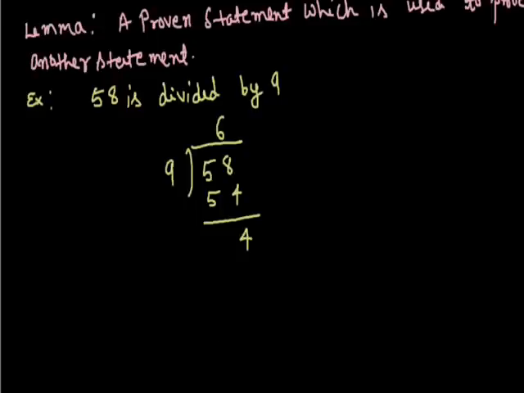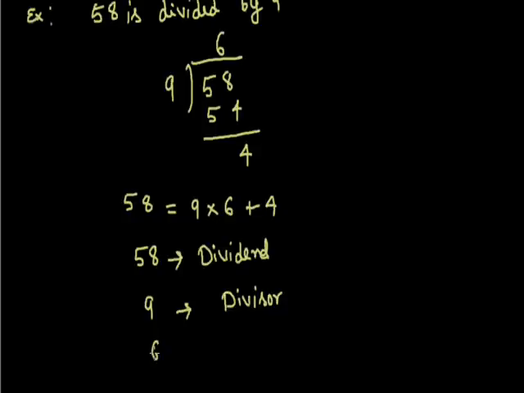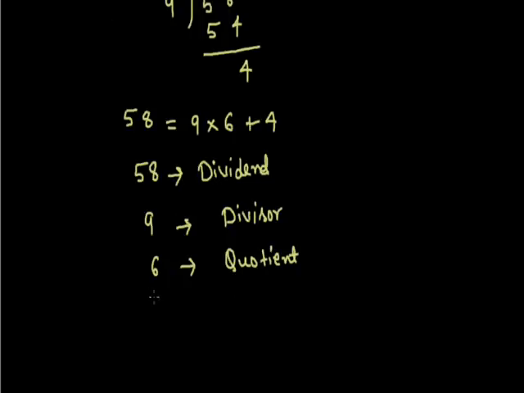So we can write 58 is equal to 9 multiplied by 6 plus 4. Now here 58 is dividend, 9 is divisor, 6 is quotient, and 4 is remainder.